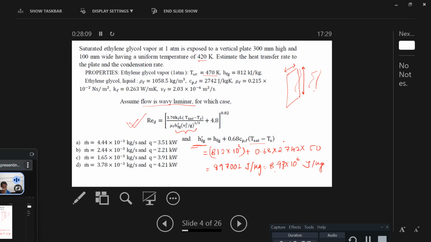Okay, fine, you can also write it like that. Simplify it.